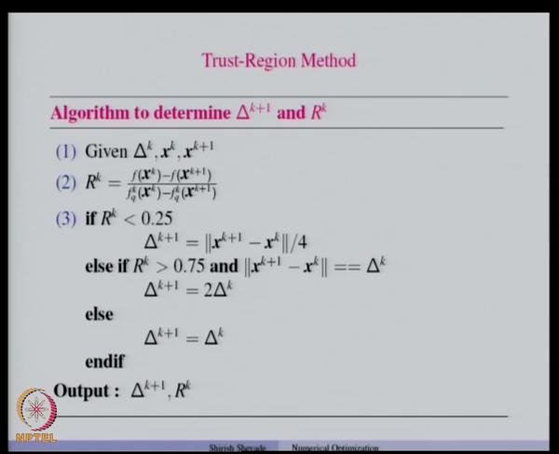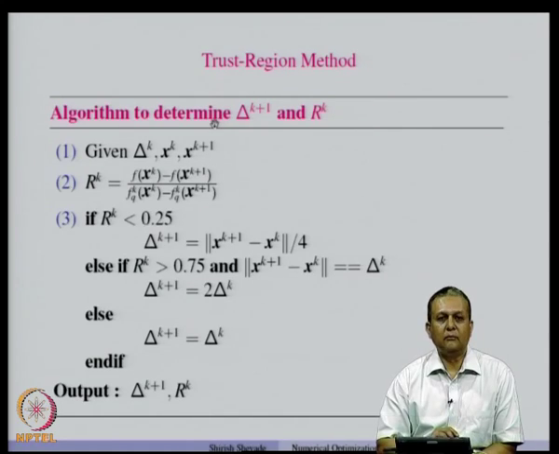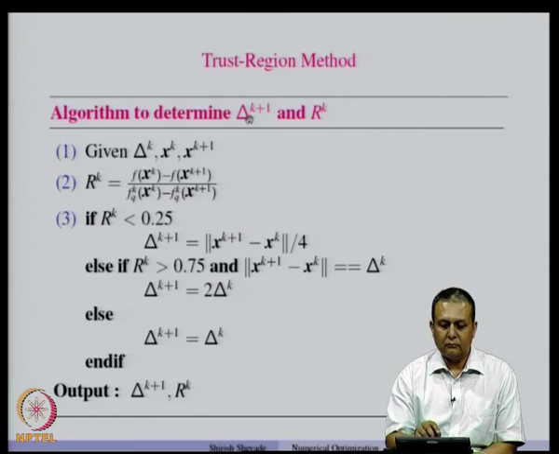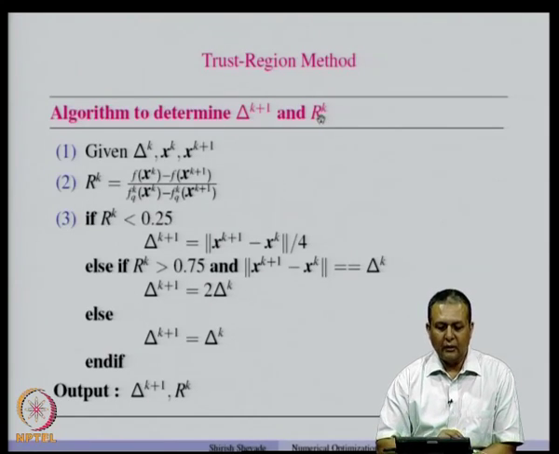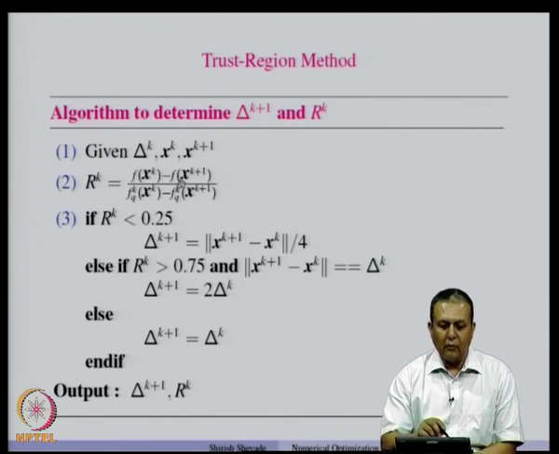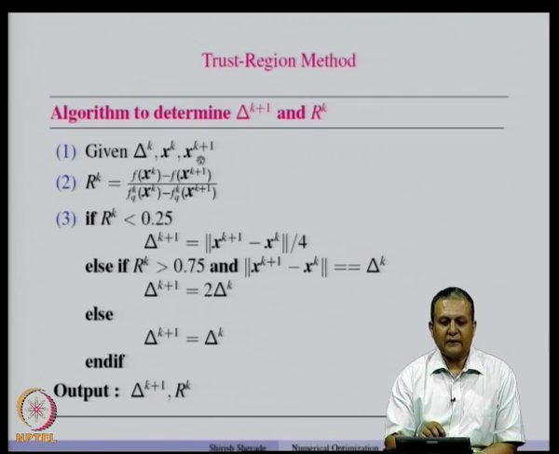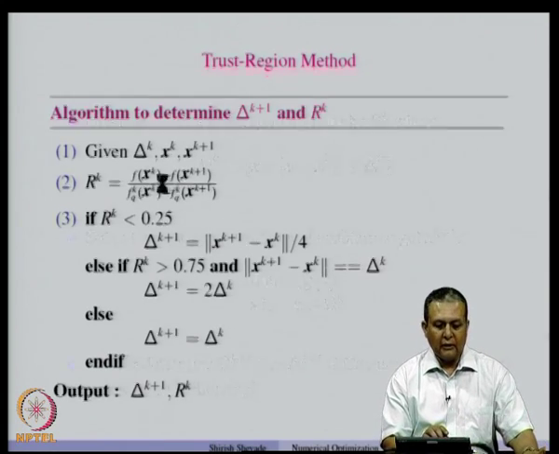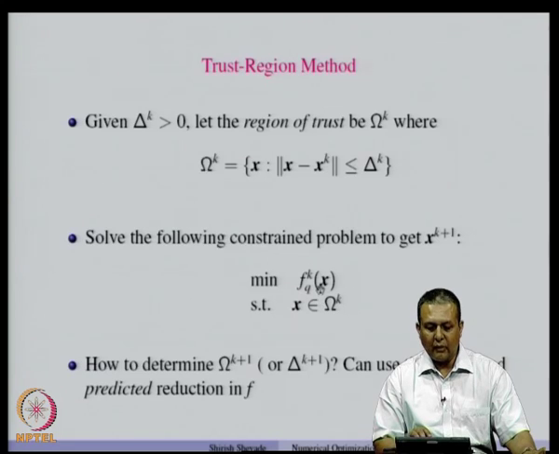Now, here is a simple algorithm to determine delta k plus 1 and r k. Now, this r k we will define now. So, given delta k, x k and x k plus 1, so we initially started with x k and then solved this optimization problem to get x k plus 1.